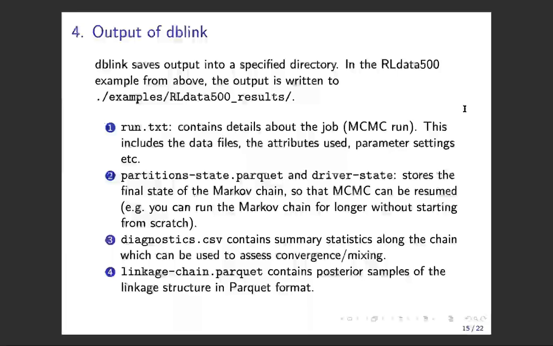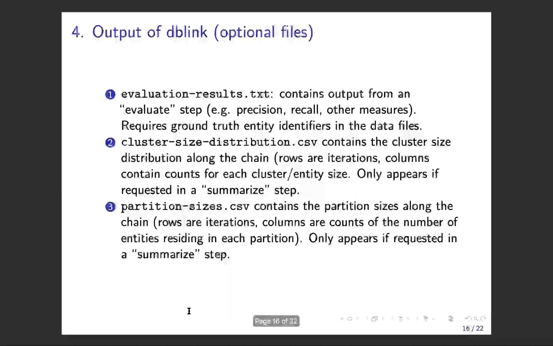There's a diagnostics file that I showed you that contains summary statistics along the chain, which can be used to assess convergence and mixing. There's also a linkage-chain parquet file that contains posterior samples of the linkage structure. It's in a parquet format so that you could rerun something if you needed to using Apache Spark and you didn't have to start everything over again.